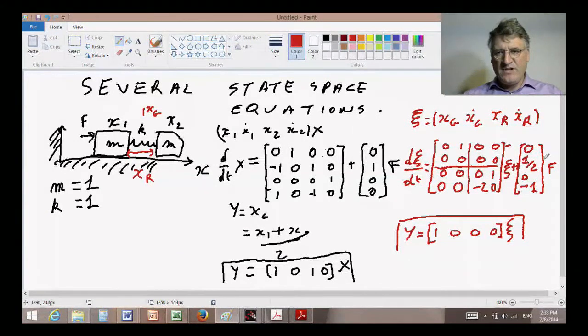Indeed, we can draw the system as follows. We have a force F at the input. The force F splits and feeds into two subsystems.